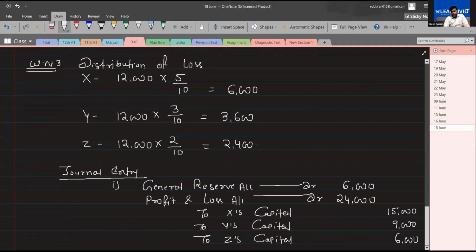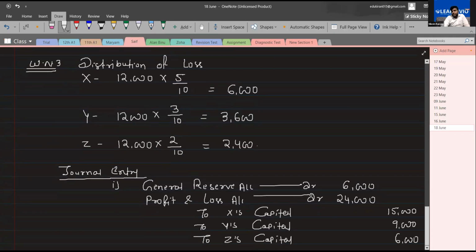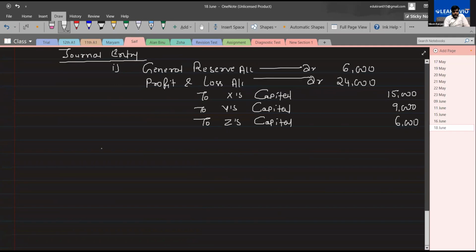And there is a separate calculation for loss also: 6,000, 3,600, and 2,400. We have distributed 12,000 of advertisement suspense. So the second entry is for loss.